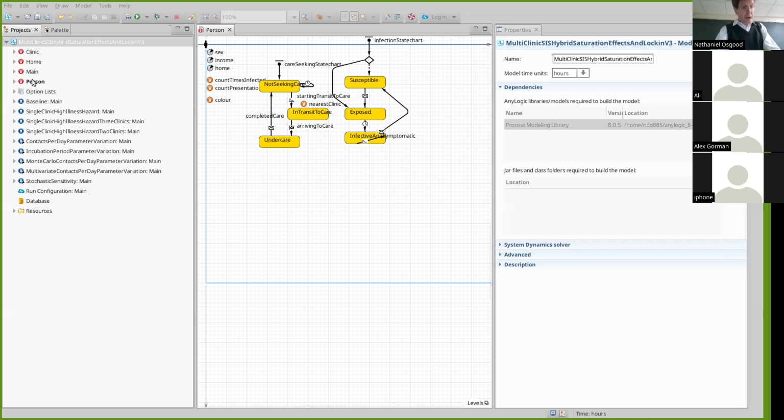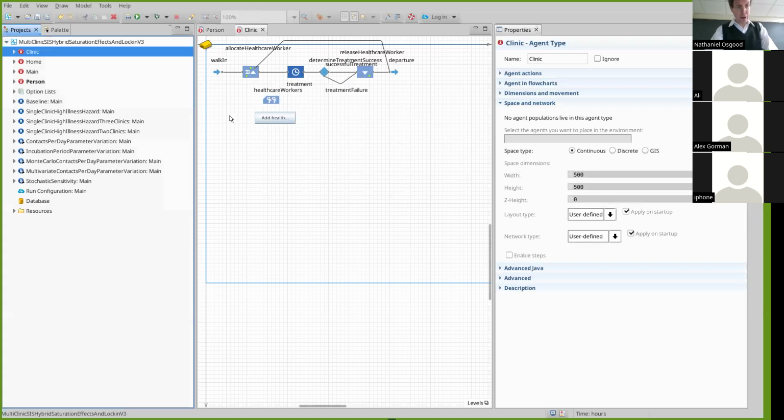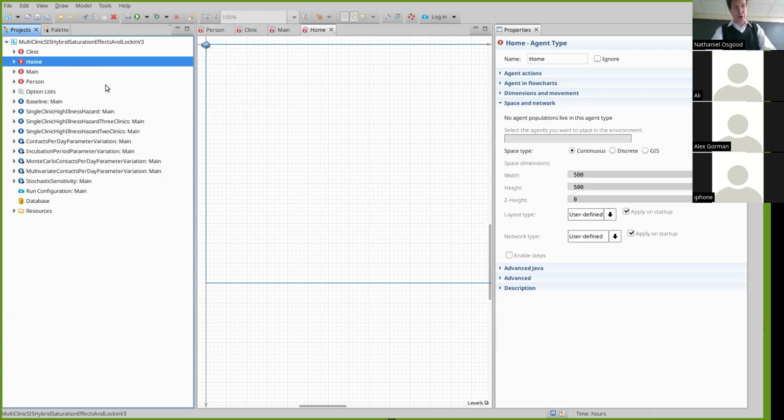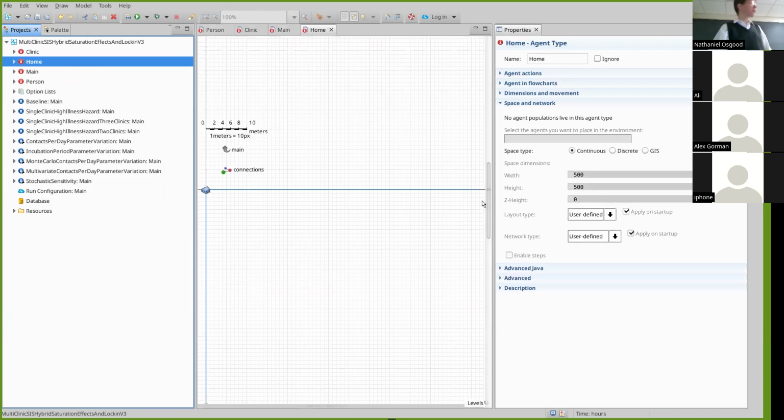This is a model which links together within a single model aspects of a person's state, aspects of clinic operation, the spread within a general population and to homes, right? This is a model that brings together these elements.